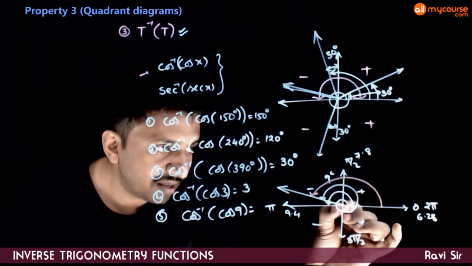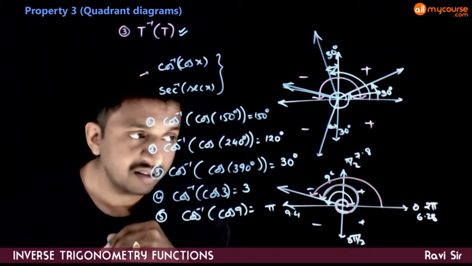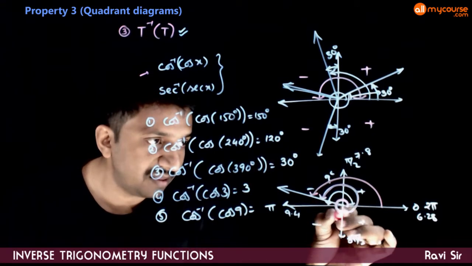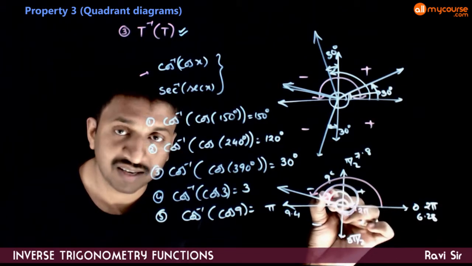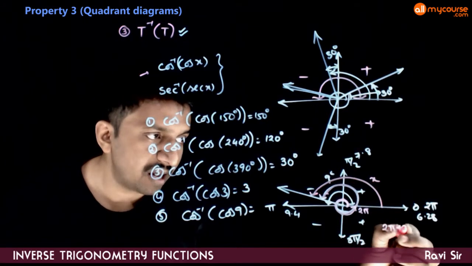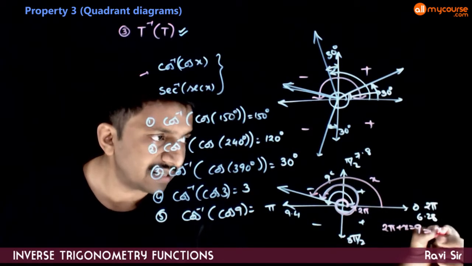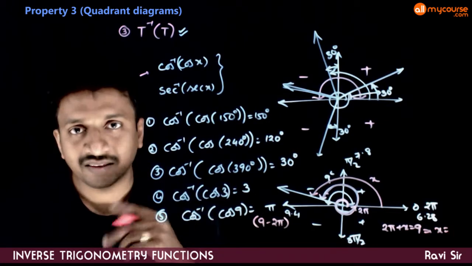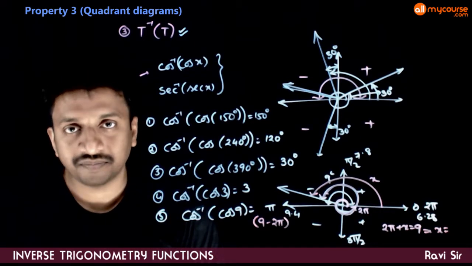As you can see, this complete angle is 9. I want this angle. So 2 pi radians plus this is 9. If you take this as x, 2 pi plus x is 9. So what is this angle? x is equal to 9 minus 2 pi.